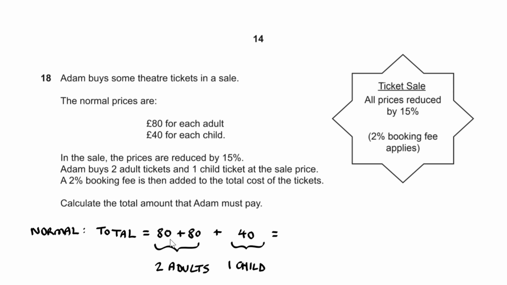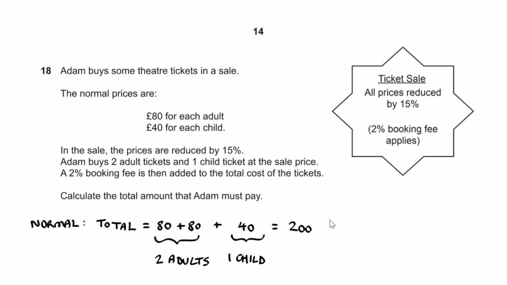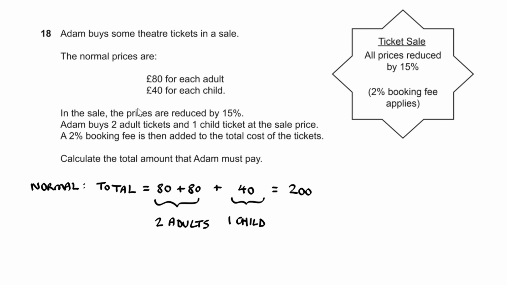So it turns out here we get 160 plus 40, which is 200. So the normal price is £200 for the 2 adults and 1 child.